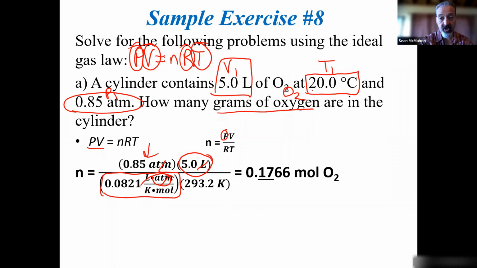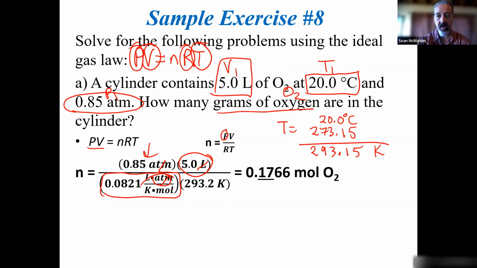So what I didn't show you for temperature, what did I have to do? I had to go 20 degrees Celsius, and I had to add 273.15 to get it to Kelvin. When I do this, I get 293.15 Kelvin. But this goes to the tenths, so my answer has to go to the tenths.